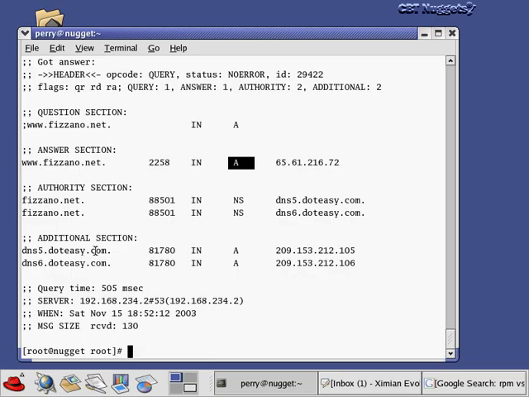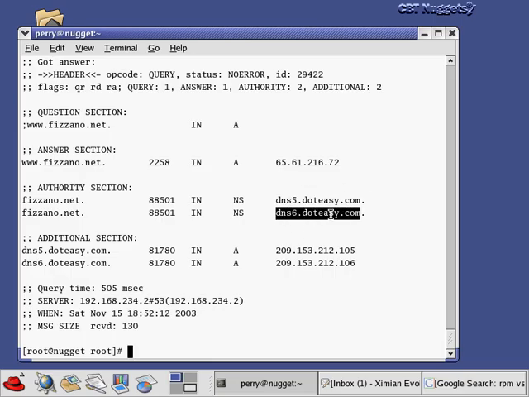Now notice down here there's this authority section and this additional section. The authority section says, well, okay, fine, this is the answer that it gave me, but this is who vouched for that answer. And the name servers that vouch for that answer were dns5.easy.com and dns6.easy.com.